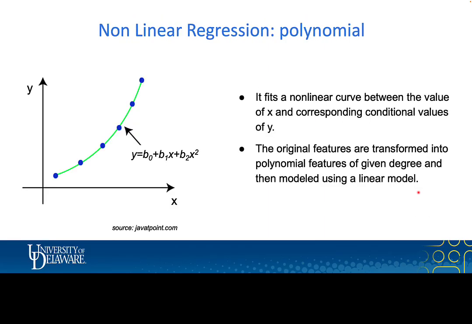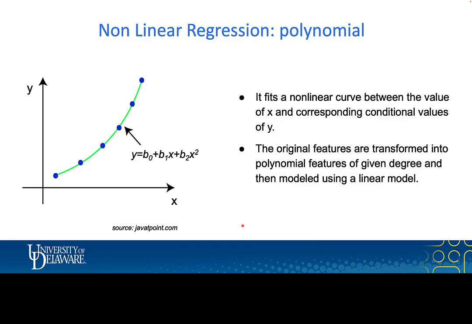Last, nonlinear regression is a general technique that adjusts a curve instead of the line of linear regression for a given dataset. In this example, we have this quadratic function that adjusts well to these data points. The nonlinear regression algorithm aims to capture complex patterns and interactions that cannot be effectively represented by a linear model.